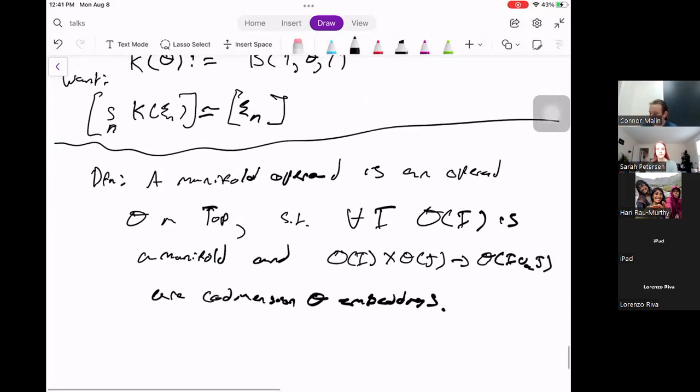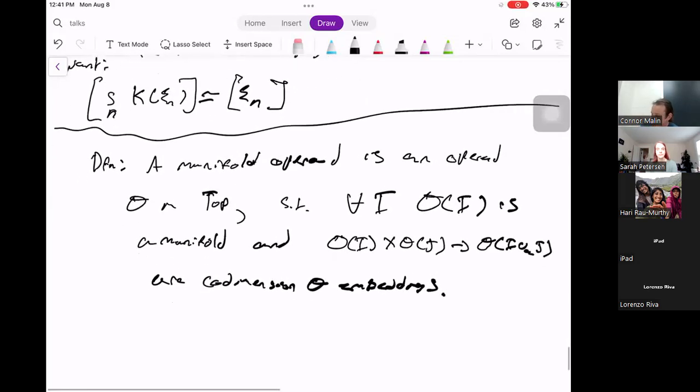Okay, so there's two conditions. Everything's a manifold, everything's an embedding. Okay, so here are some examples.